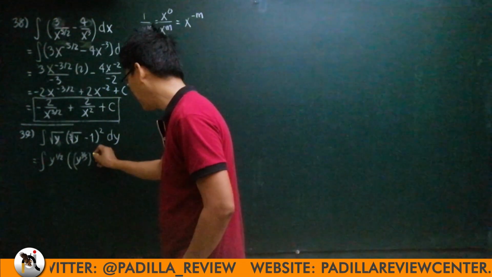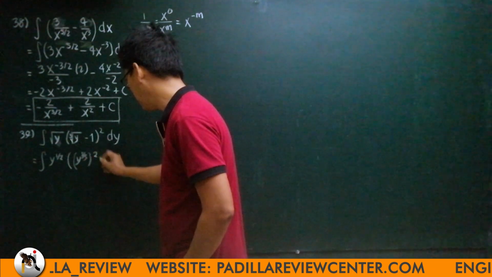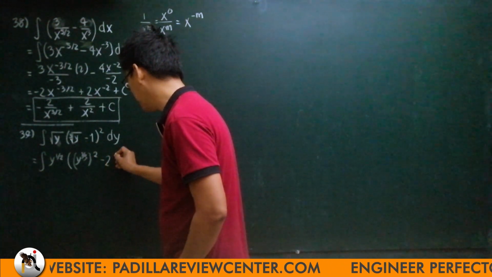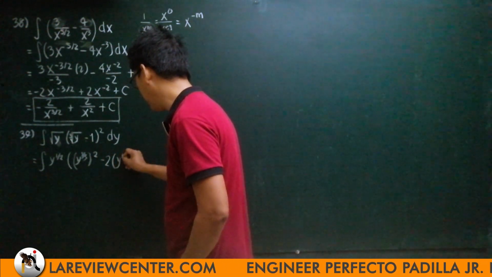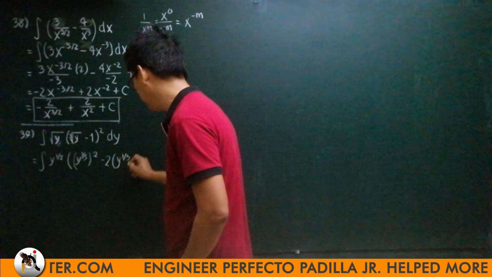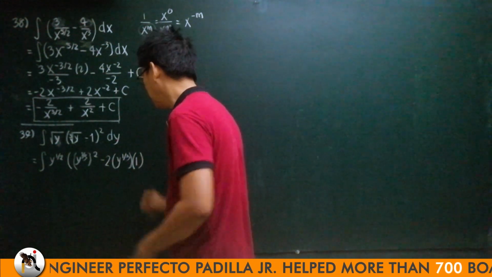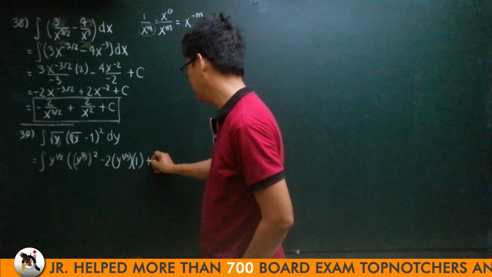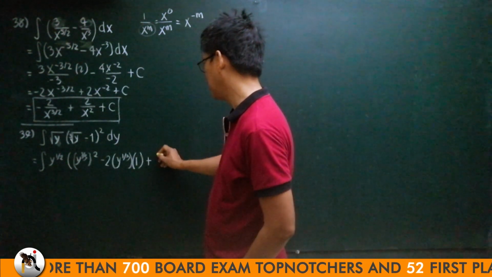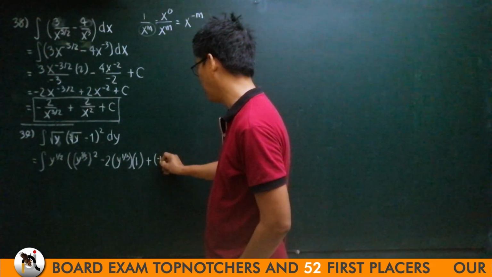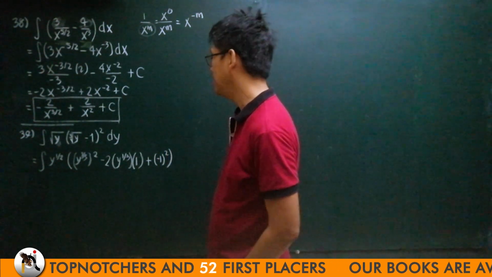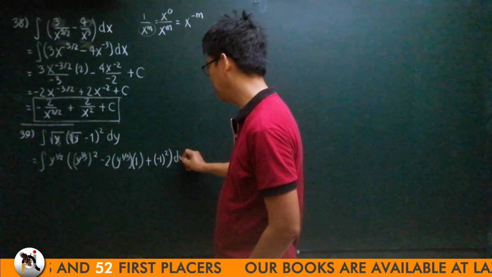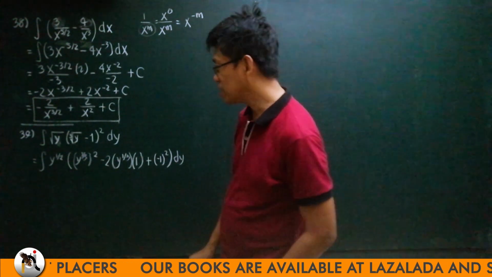So the square of the first, copy the middle sign, minus twice their product, y to the 1/3 times 1, the negative sign is already here, plus the square of the second, that is minus 1 squared. Okay? So dy. We now simplify.